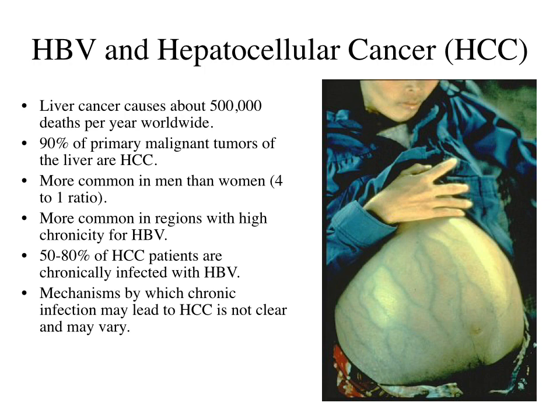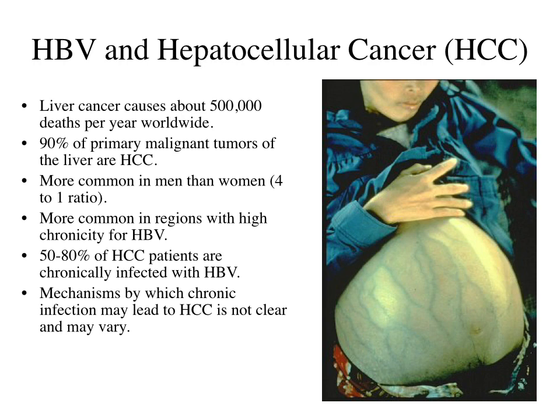So again, we've got hundreds of thousands of deaths per year, and it's more common in men, but it's associated with chronic hepatitis B, and it appears in people after being infected for years.